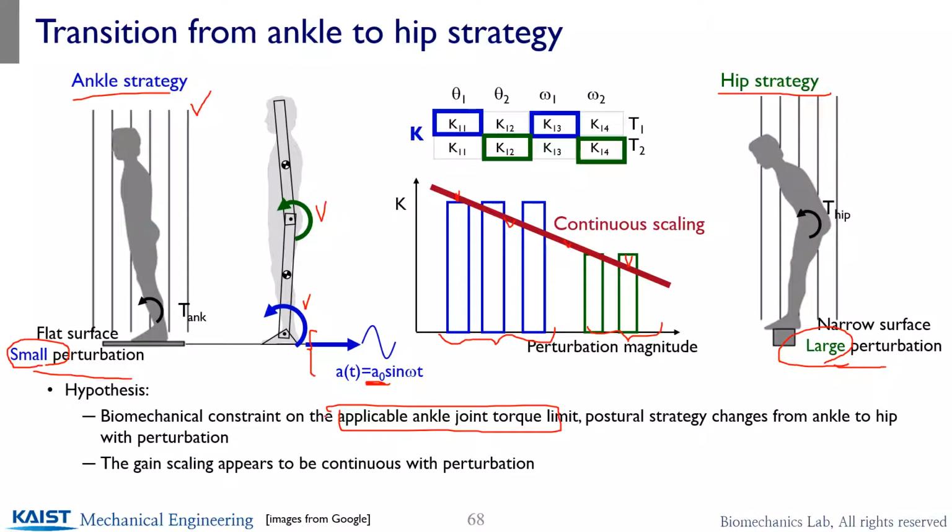Since your foot length is limited, your maximum ankle joint torque is determined, assuming that your feet are flat on the ground, right? So the ankle joint has a limit. You should actually switch the control strategy from ankle dominant control to hip dominant. Okay, that was the hypothesis, and those transitions will occur in a continuous manner.